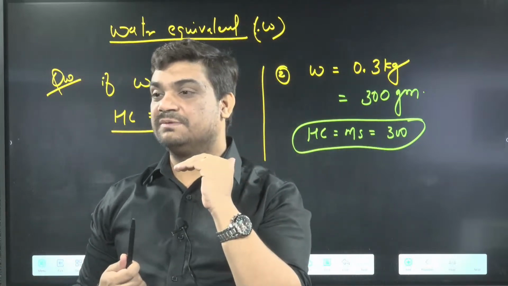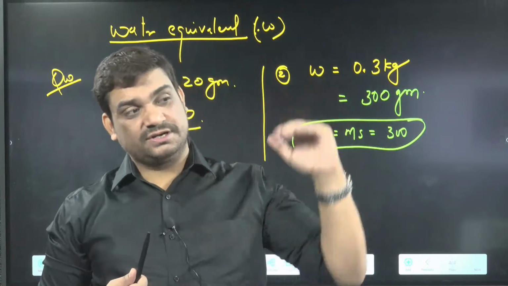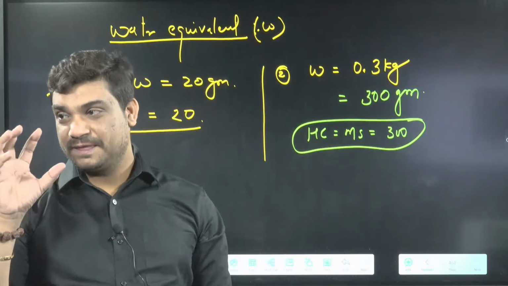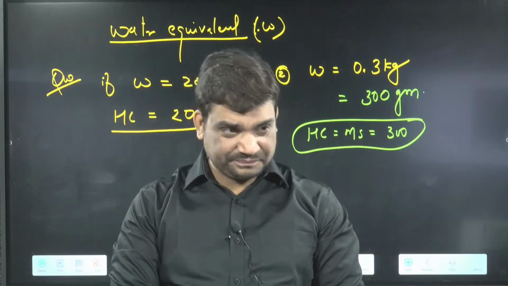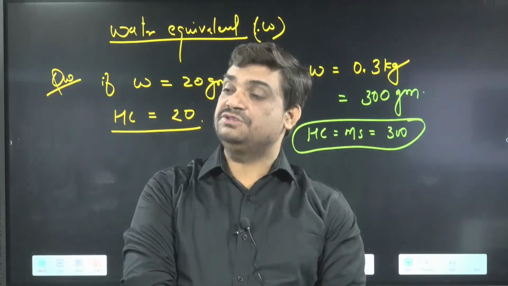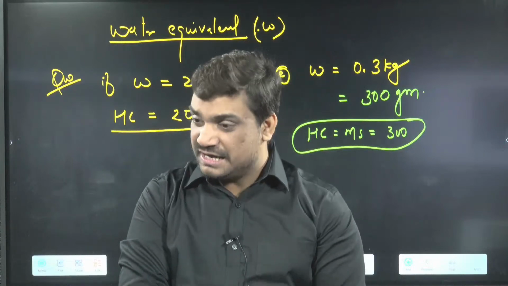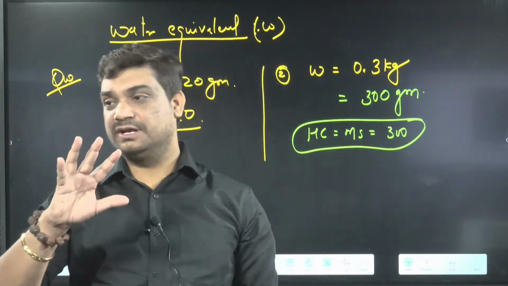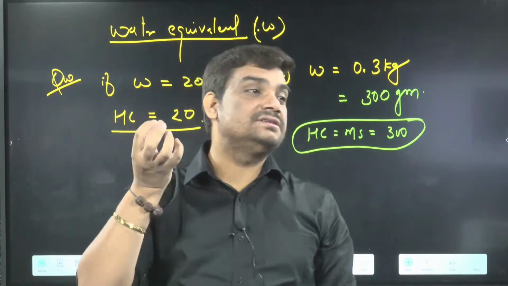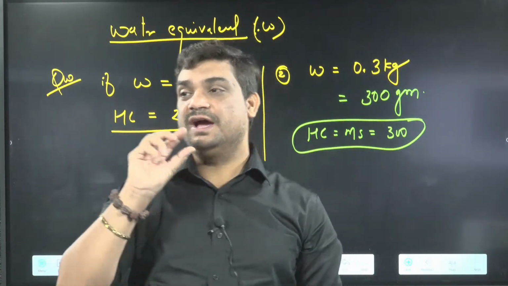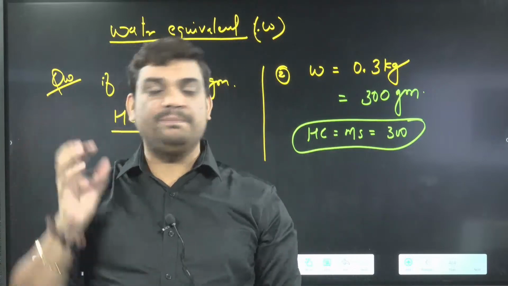The temperature of the container will also increase. It means we need to consider the energy taken by the container. We have to calculate the energy absorbed by the container.